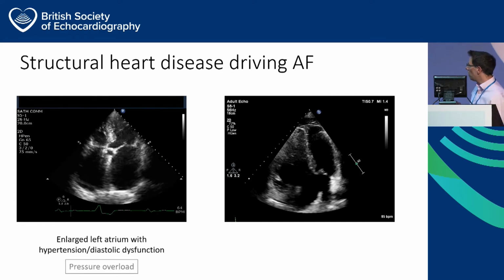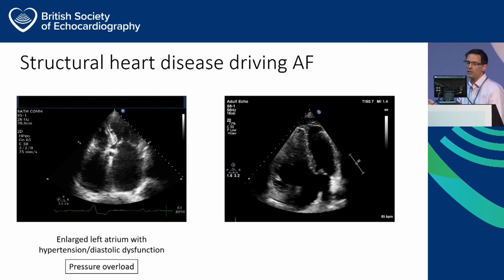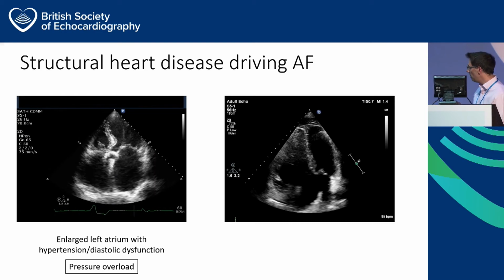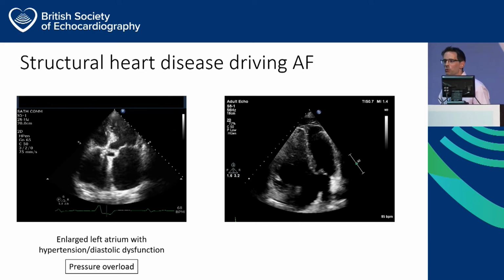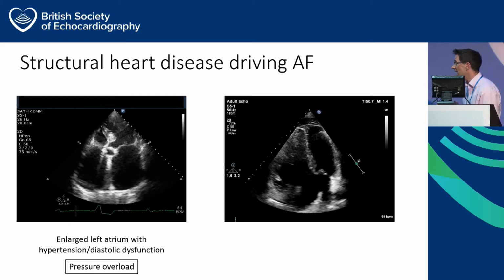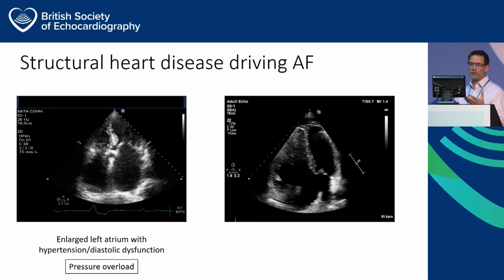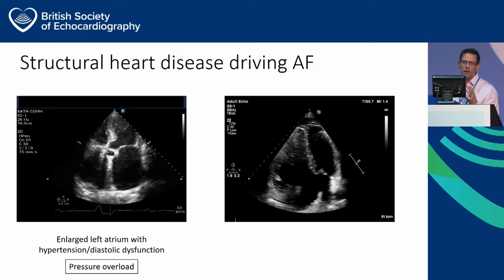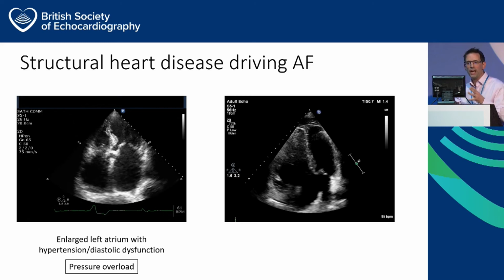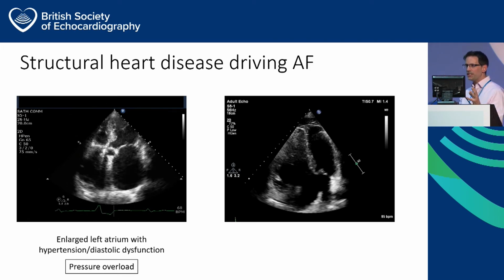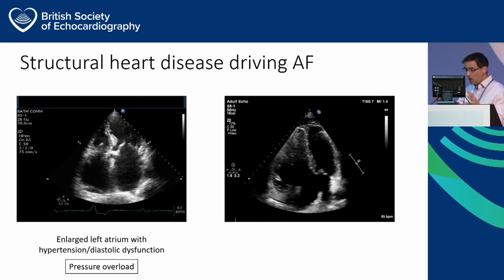And the structural heart disease they're most likely driving is this one on the left, which is the one that anyone who scans will spend a good 50% of their day scanning, which is heart failure with a preserved ejection fraction. It's stiffness to left ventricular filling, usually in the setting of long-standing hypertension, and the body has to compensate to maintain your stroke volume by increasing the left atrial size, because the left atria has no muscle.